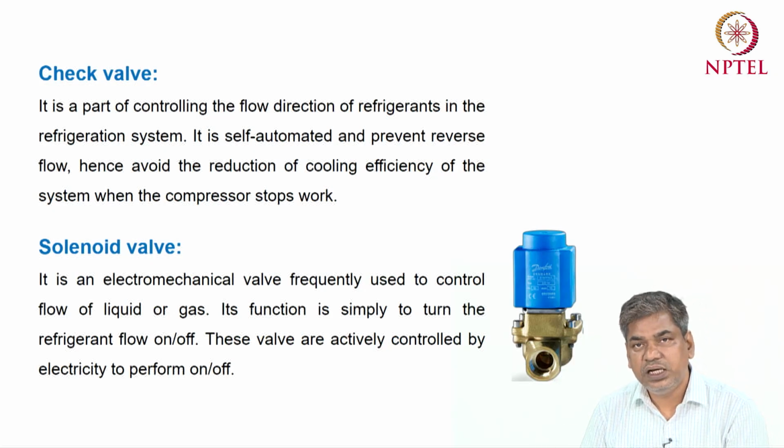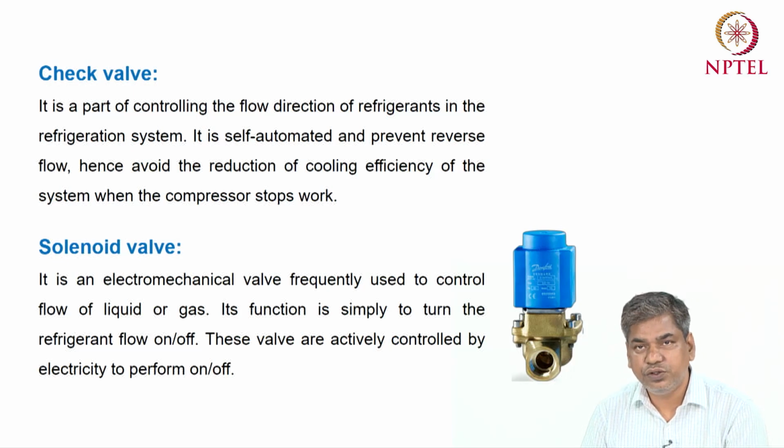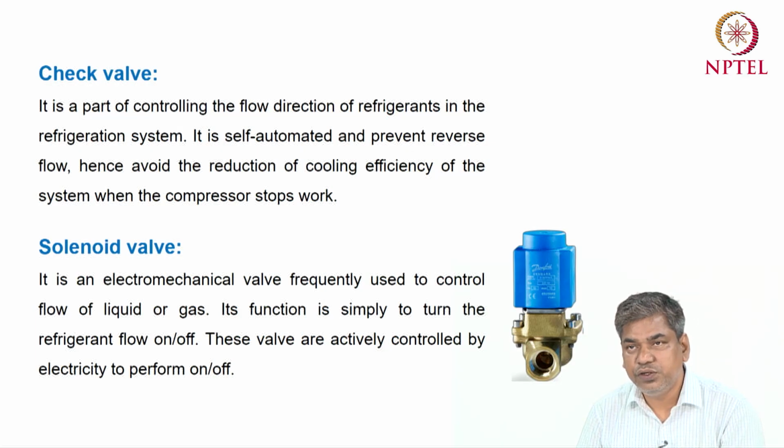Similarly, another type of valve is called the solenoid valve. This is also used to control the flow, but it is basically an electromechanically controlled device. It is frequently used to control the flow of liquids or gases, and its function is simply to turn the refrigerant flow on or off.